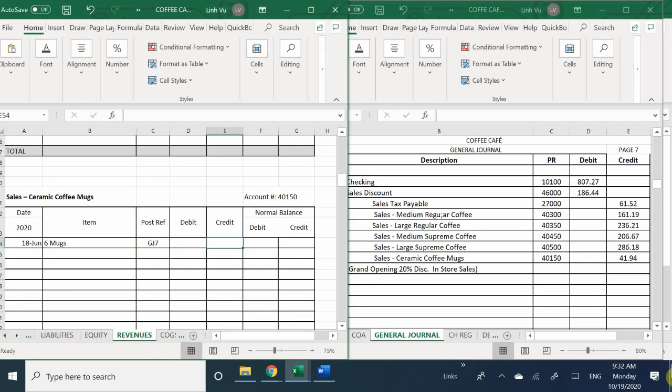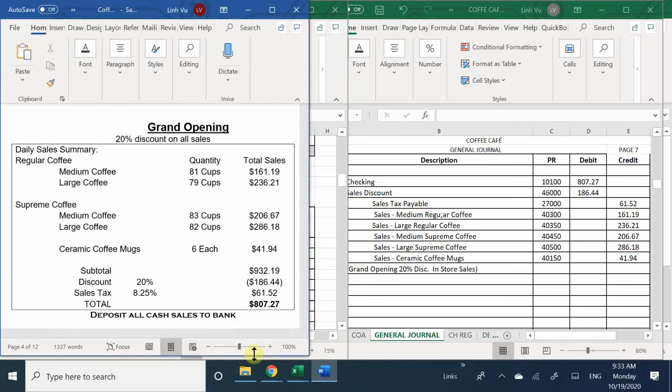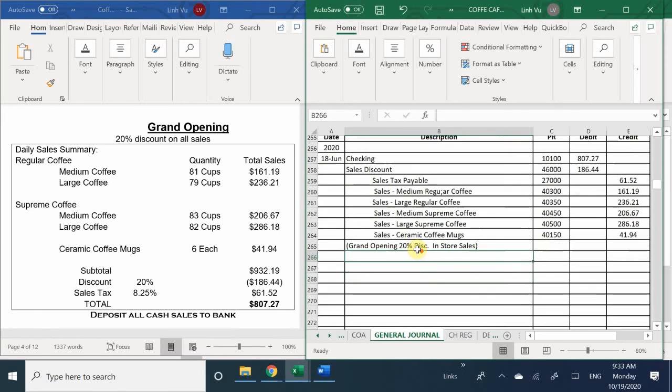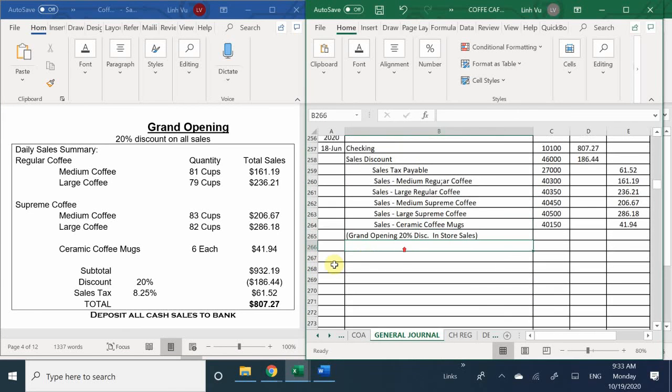All right, and how much am I going to credit my account for? 41.94, bringing my credit balance to be 41.94. All right. Good. We completed my ledger. So what comes next?